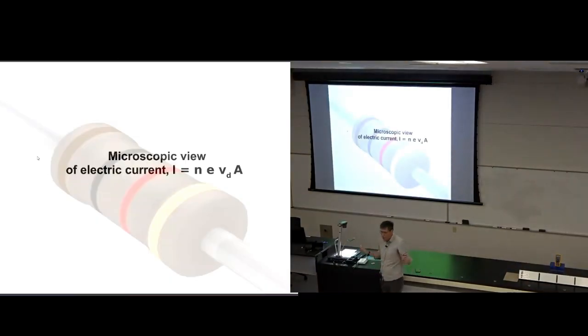Okay, so that's the macroscopic picture of current as motion of charge and the definition of current in terms of the amount of charge you're moving. Let's talk about a more microscopic picture. In the microscopic picture, I'm going to pick the example of electrons flowing through a wire, but we could have picked positive ions flowing through salty water, something like that.